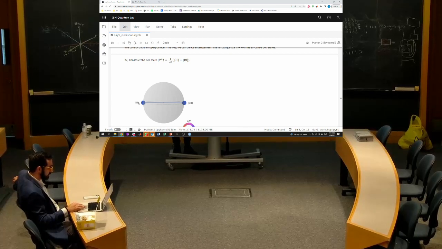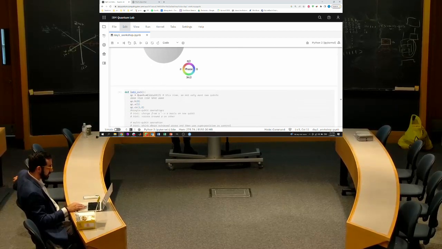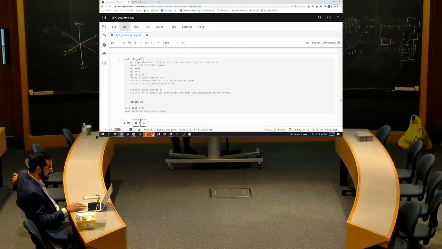The higher you are on the sphere, the higher your probability is. The lower you are, the lower the probability. And let's ignore the color, the phase, and everything.